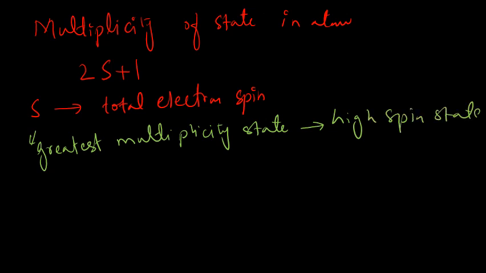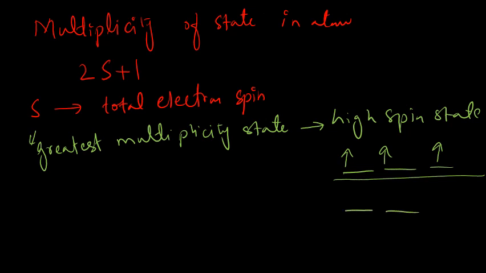What is meant by high spin state? For example, if we have three orbitals of the same energy and all have electrons with the same spin, that is, all in the spin up state, this is called the high spin state.